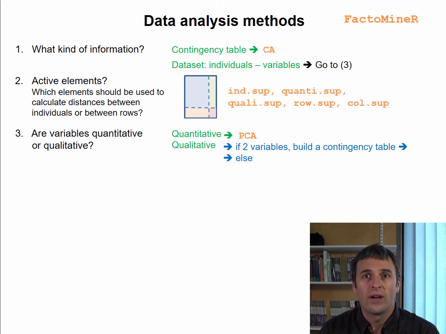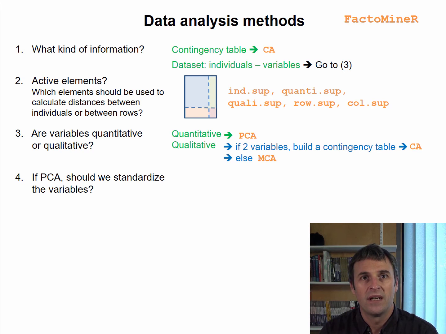If there are only two variables, we suggest constructing a table for them with the categories of one variable as rows and the categories of the other as columns, then filling in the contingency table and analyzing it using CA. And in the case where there are more than two qualitative variables, do MCA instead, this time with the MCA function in FactoMineR.